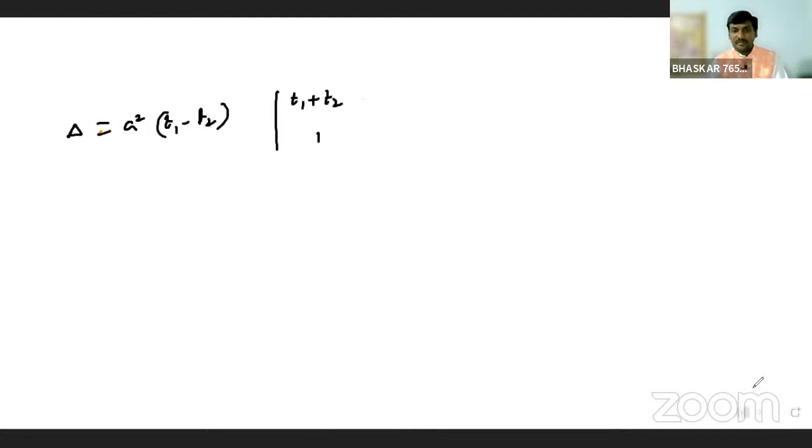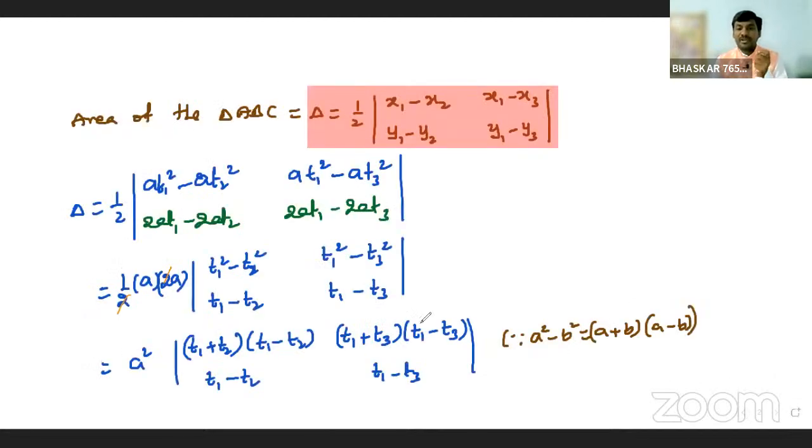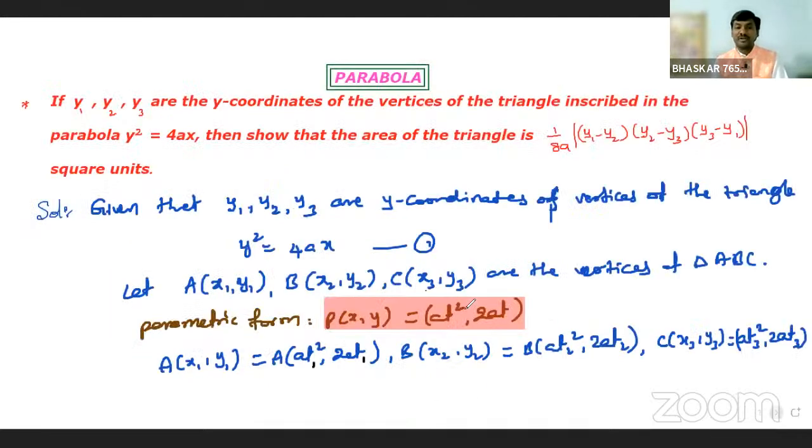And I'm taking t1 minus t3 common from the second column. What is common in the second column? t1 minus t3.